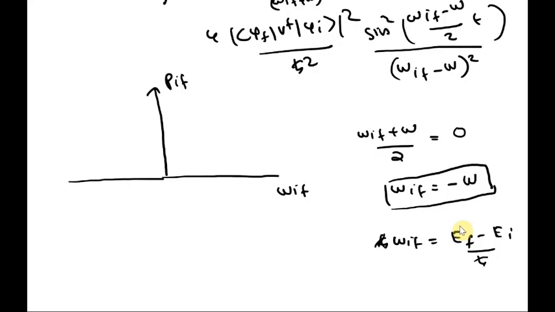That is nothing but the change in energy between the states. So whenever the perturbation you are supplying is matching with this energy change, then you have the maximum transition probability.